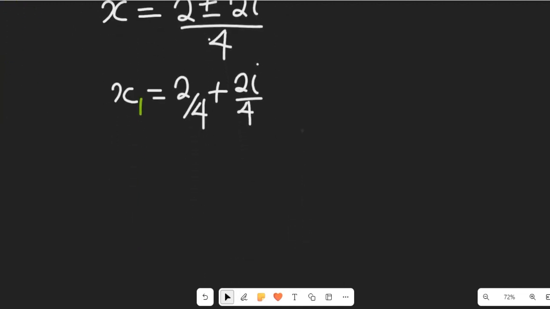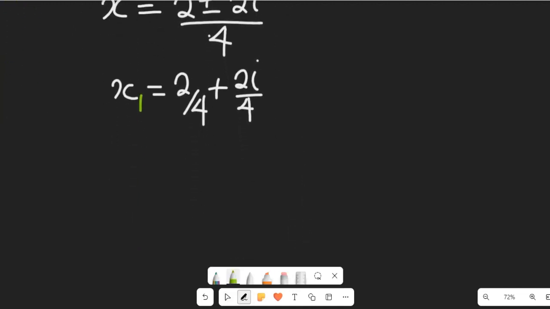So if we go up there, we're going to take the second one as our x2. Our x2 will now be equal to 2 divided by 4 minus 2 imaginary divided by 4.